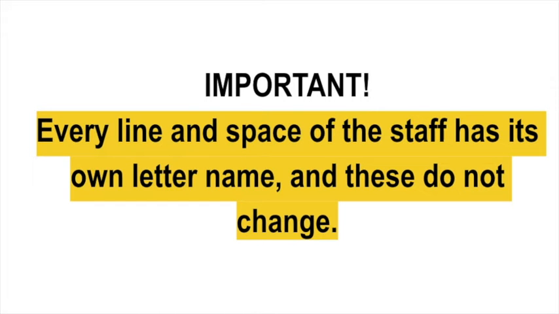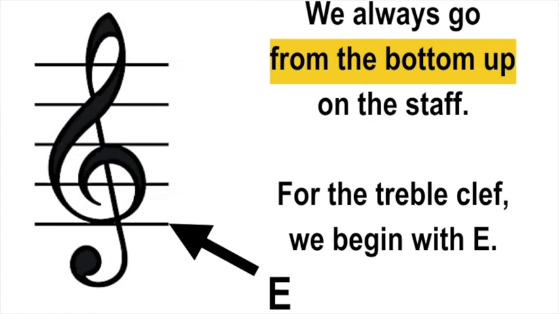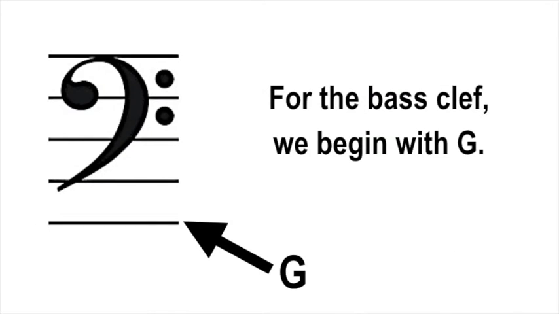What you need to know is every line and space of any staff has its own letter name, and for that particular clef, these do not change. We always go from the bottom up when we're looking at notes on the staff. So the bottom line of the treble clef is the letter E. For the bass clef, we will always begin with a G.